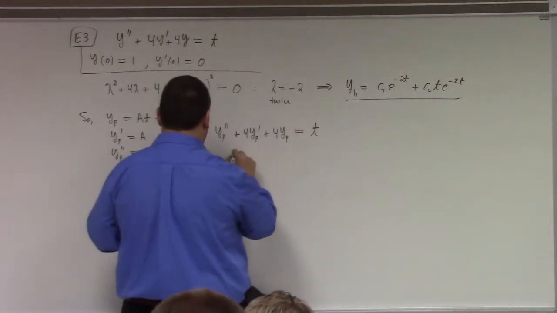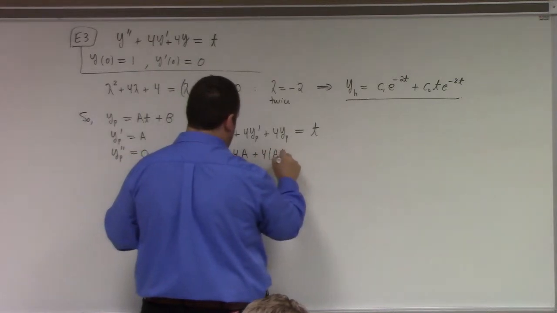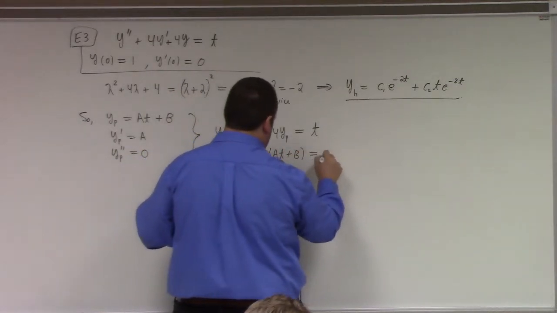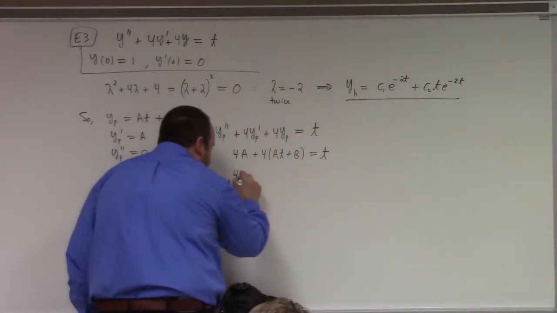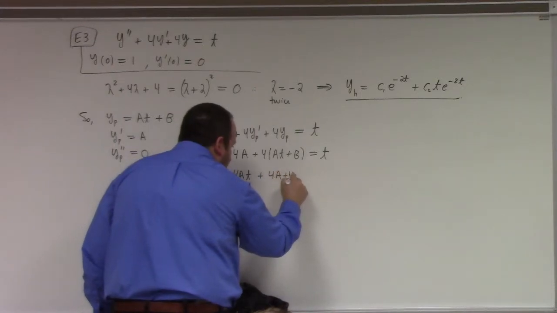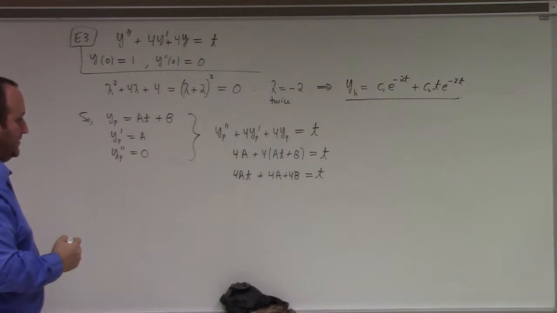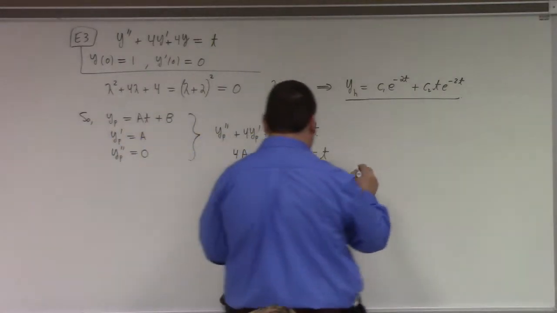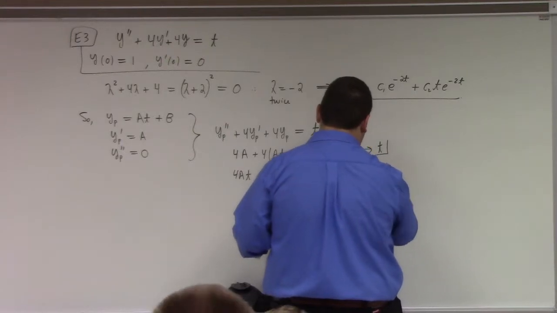We get 4a plus 4 times At plus B equals t. In other words, 4At plus 4A plus 4B equals t. I'm not sure I really needed to write down that last step. So you look at the coefficient of t, you look at the coefficient of 1.